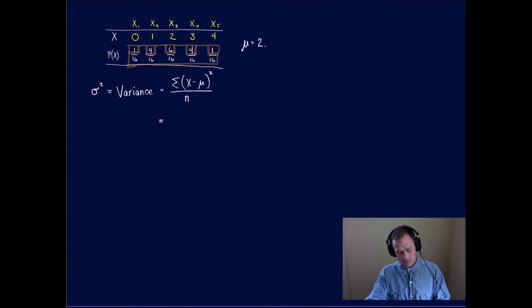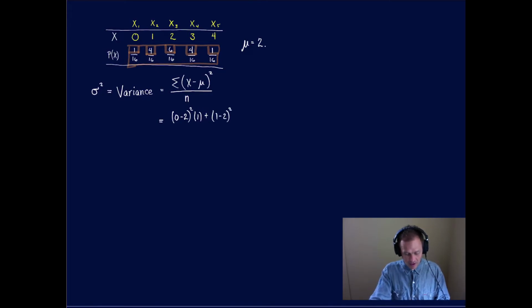All right, let's do that. So my first data value was a 0, and I subtract a mean of 2. We square it, and then I'm going to write up next to it how many times it occurred. Well, that just happened once, plus. Then I take my next data value. Well, my next data value is the 1. And I subtract 2.